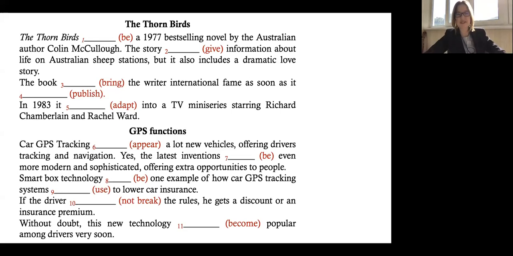So what about gap number 6, about the car GPS tracking? Gap number 7, where? Good. Number 8.